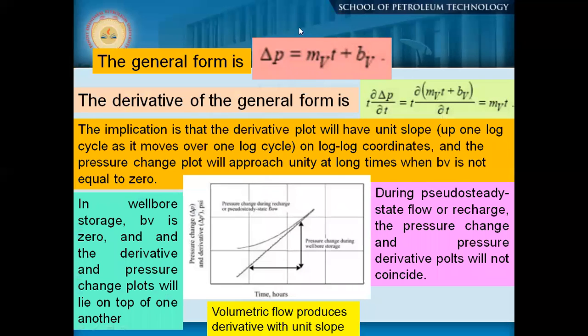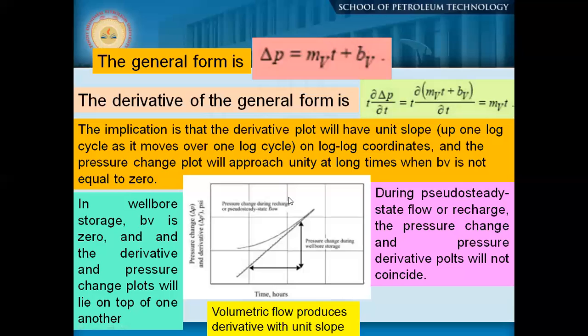So this is one part which we are plotting on the left side y-axis, and this is another value, del P by del t, we are plotting on the x-axis, and on the y-axis we are trying to get the time, okay. So the implication is that the derivative plot will have the unit slope on log-log cycle as it moves over one log cycle on log-log coordinates, and the pressure change plot will approach unity at long times when the bulk volume is not equal to 0, okay.